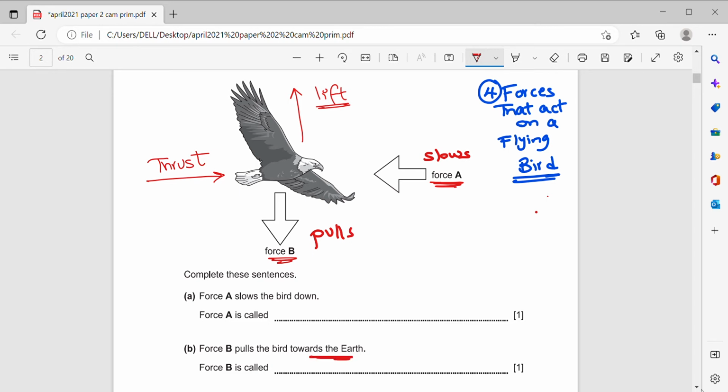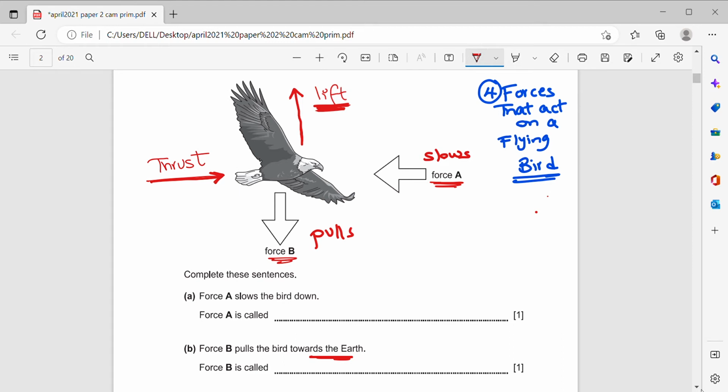So what are forces A and B? We said the upward force, the lift force, and the forward one that pushes it forward helps it to fly, the thrust one. But I have 2 that oppose the bird. Against the lifting, something pulls towards the earth.